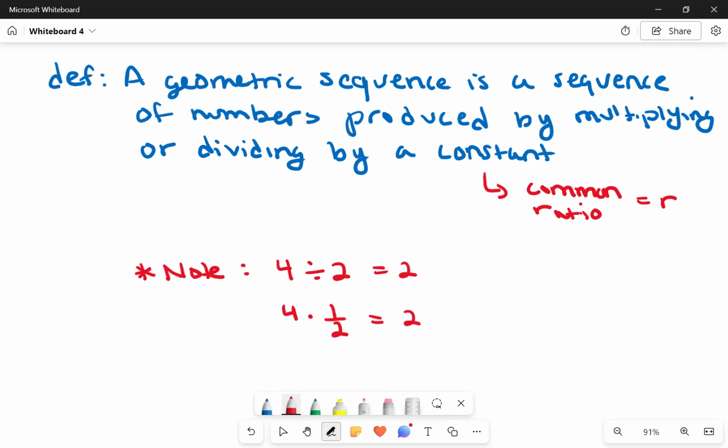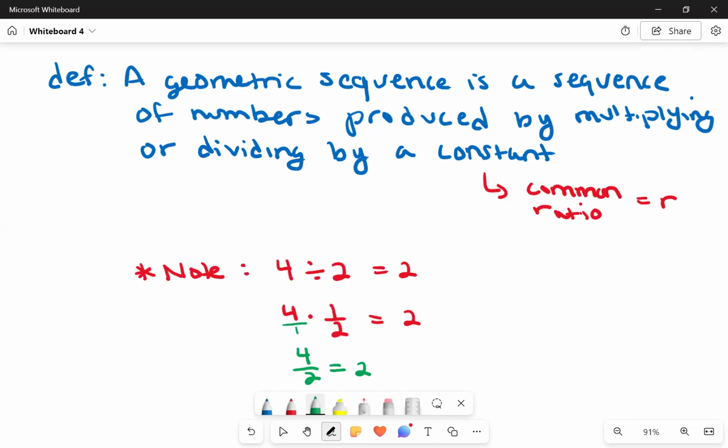And you might remember, and we'll review this when we get to fractions, that when you divide by a number, you can rewrite it as the multiplication of the reciprocal. That was kind of like a fraction concept. But a way of thinking of this is taking 4 and putting 2 in the denominator, which is a division and gives us 2. Okay. So we could think of it like that.